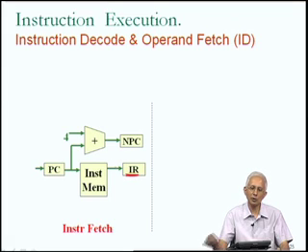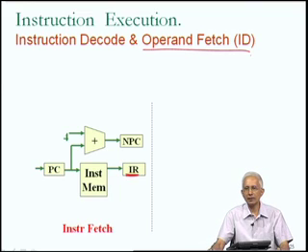We will concentrate more on the operand fetch, and we realize that for the instructions that we are concerned about, the operands are being fetched from the register file. So I will show the register file.